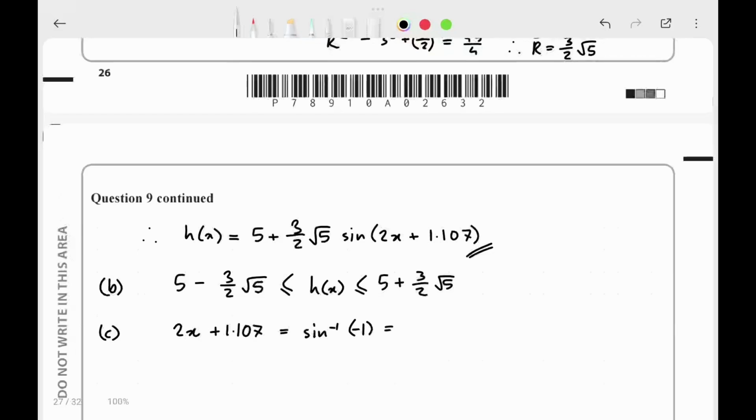And this is going to be equal to, since it's the minimum value, 2 pi minus pi by 2. Or it could be 4 pi minus pi by 2.